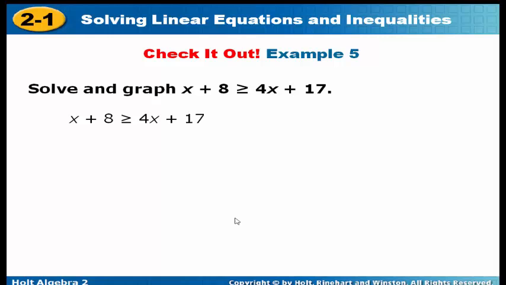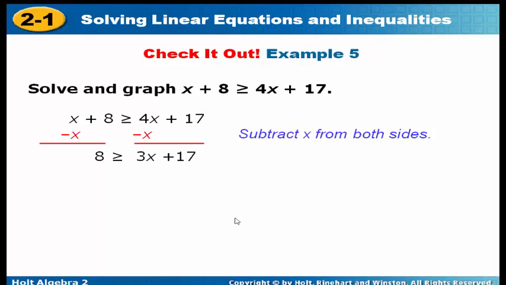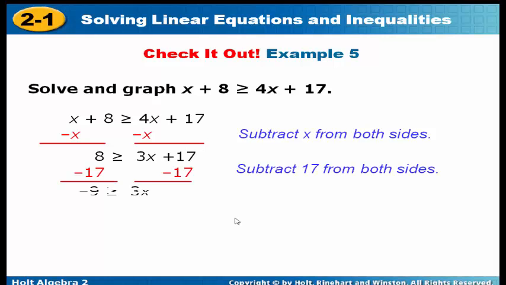x + 8 > 4x + 17. Subtract x from both sides, so 8 is greater than or equal to 3x + 17. Subtract 17 from both sides. Now 3x is smaller than or equal to negative 9. Divide by 3.